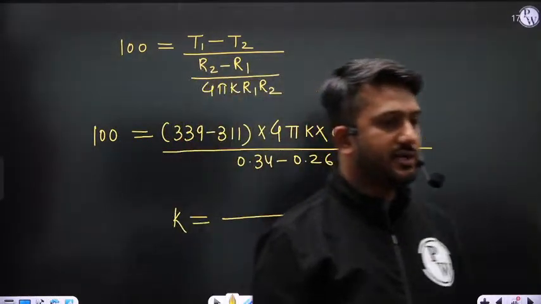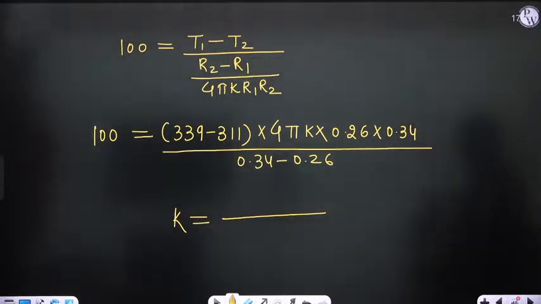So calculate the K from this equation. Tell me what is the value of K. It is 100 multiplied by (0.34 minus 0.26), divided by (339 minus 311) into 4 pi into 0.26 into 0.34.